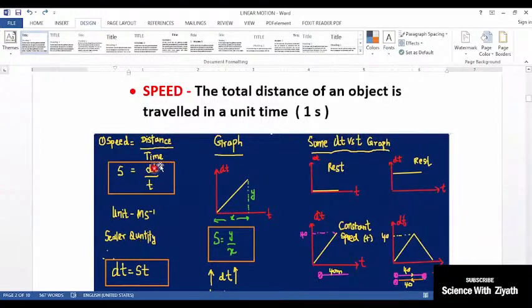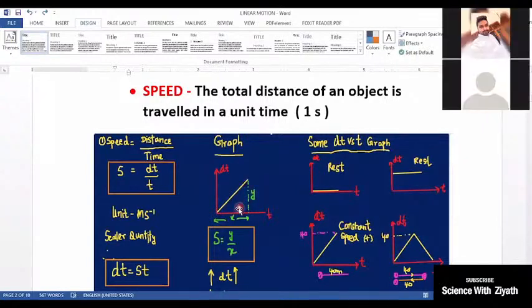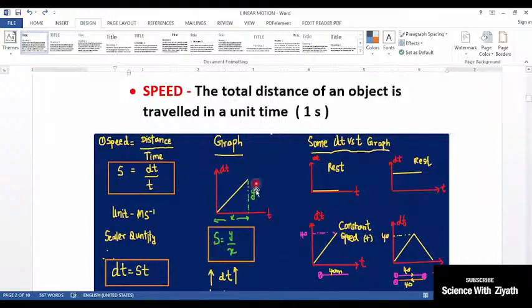If you want to find the distance, you multiply the speed into time, distance equals speed into time. And the distance time graph here, if you look at that, the speed is equal to y over x. If you want to find the speed, you should divide the y-axis over the x-axis using graphs. These were discussed last class.